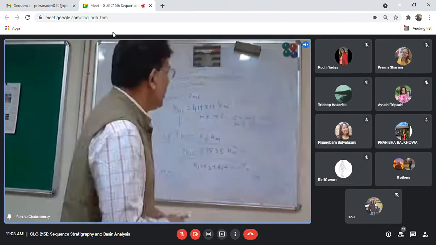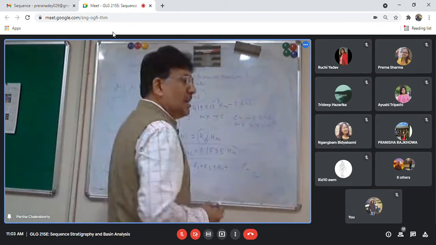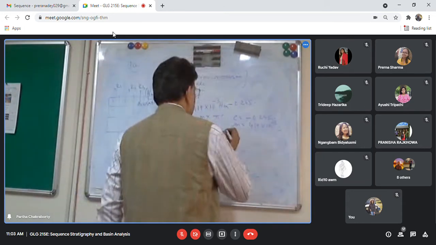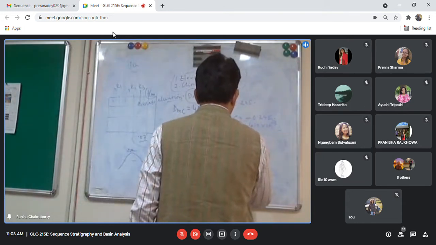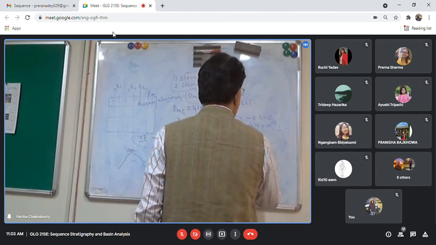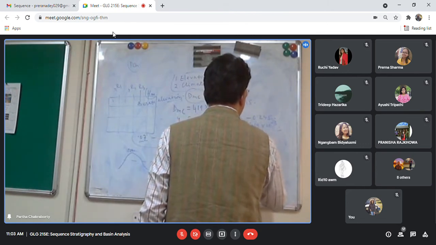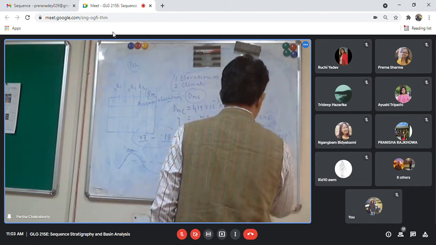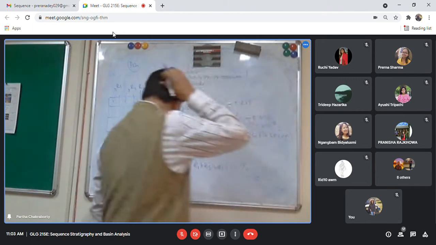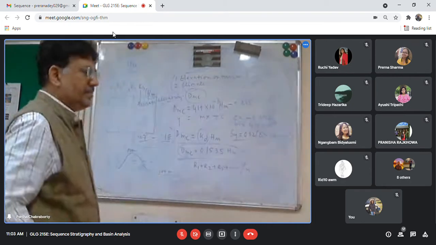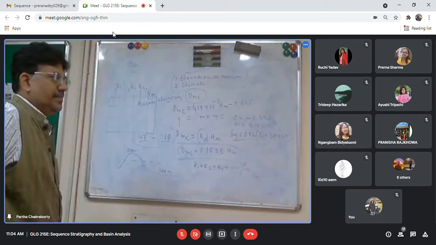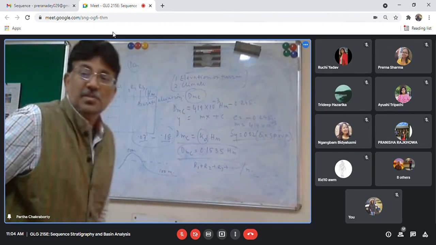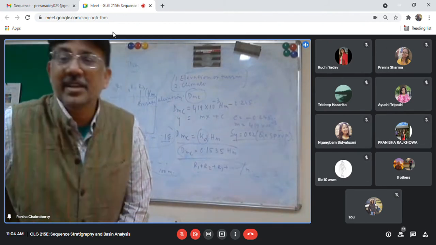Then if you try to get the specific yield of the mechanical denudation, SY, this becomes 0.02 Q into SP into VP. This is the specific yield of mechanical denudation.